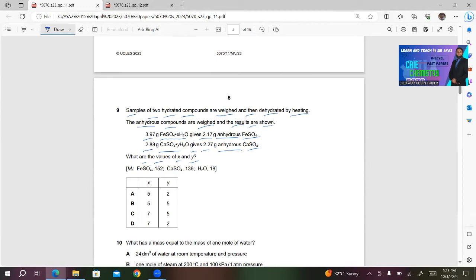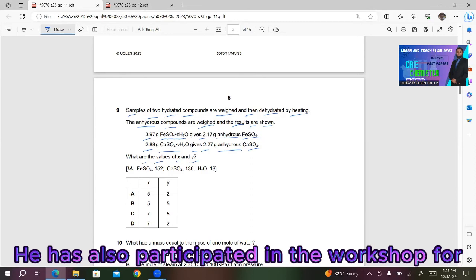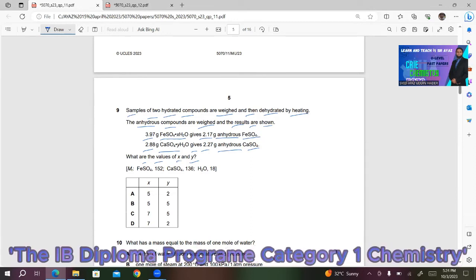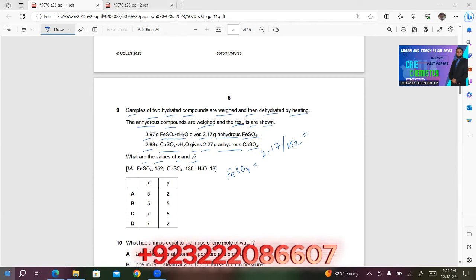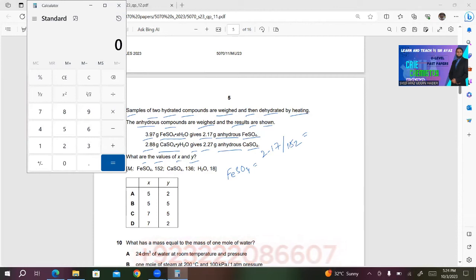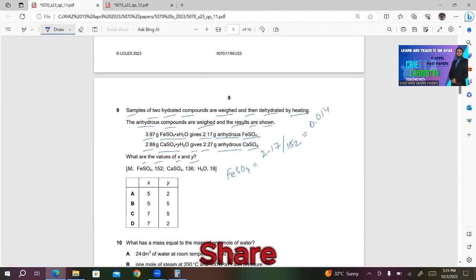So for FeSO4, we need to divide 2.17 by 152. 2.17 divided by 152 becomes 0.014 moles.